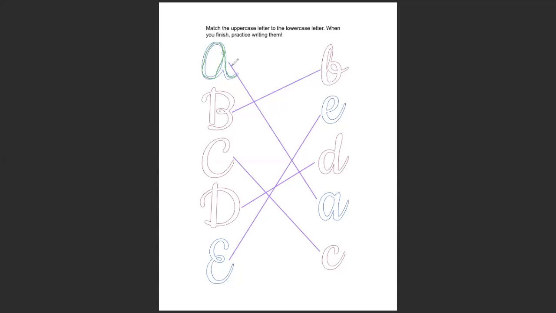And then I'm going to follow my line. And then I'm going to trace the lowercase a. When you finish tracing them, give me a thumbs up so we can move on to the next letter.